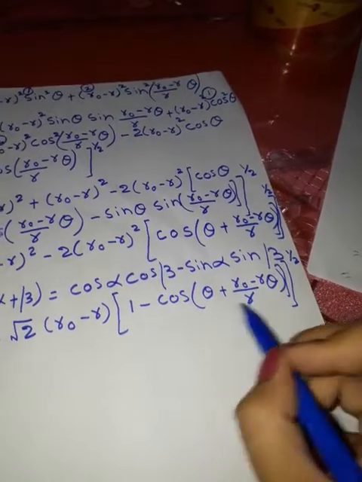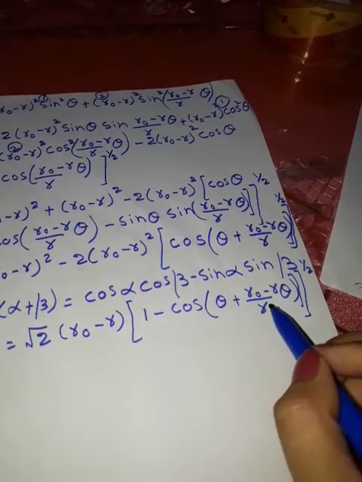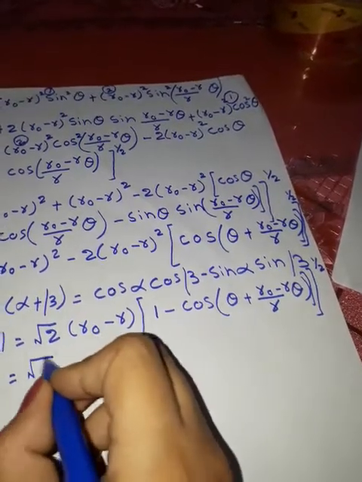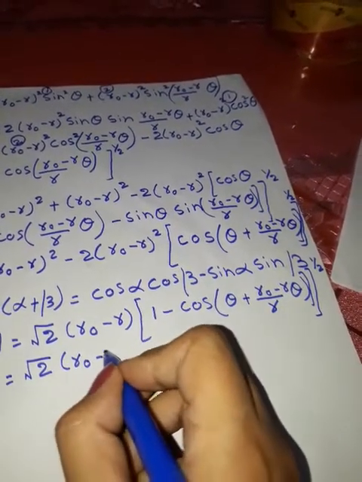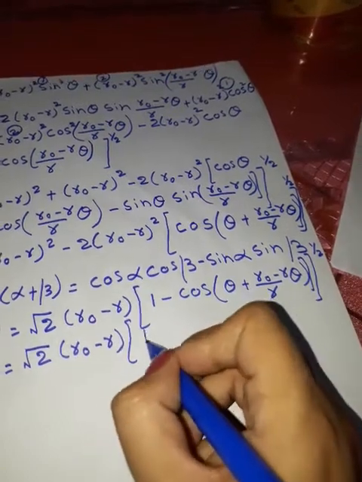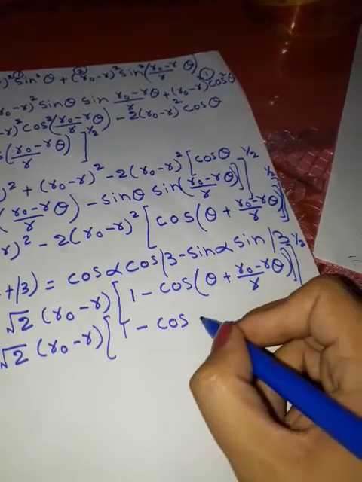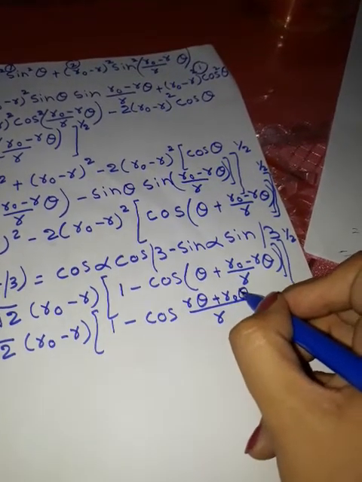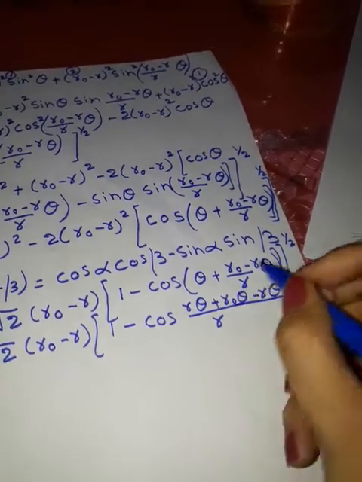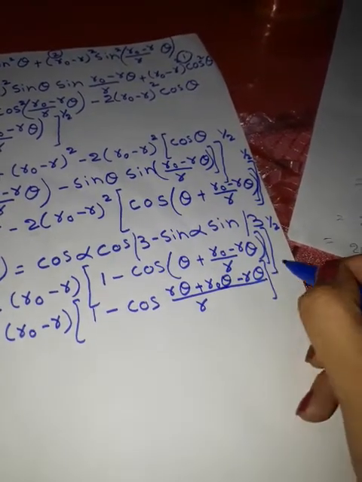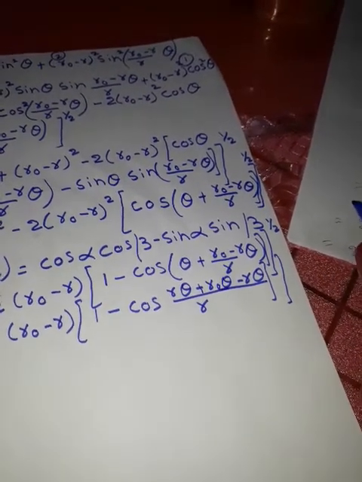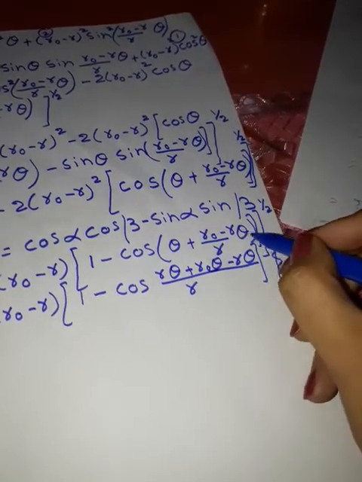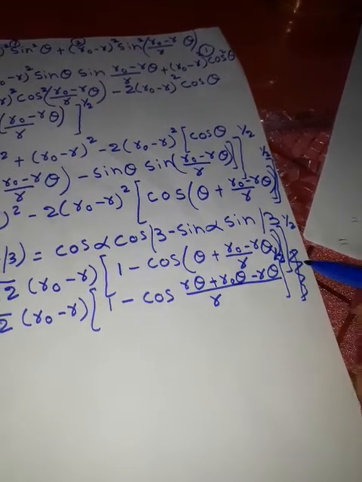I can simplify this term by taking LCM. I have 1 minus cos of r theta plus r naught theta minus r theta, here is power 1 by 2.